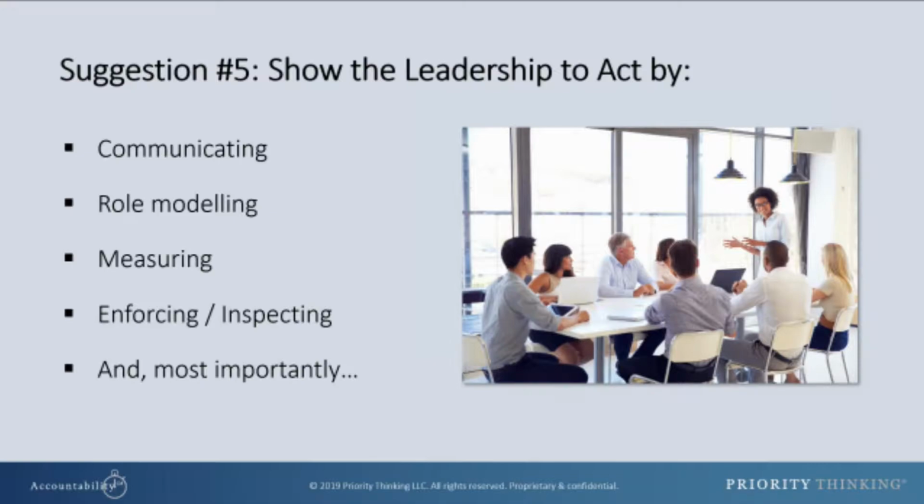Role modeling by far is the best way that leaders can communicate and support accountability in the organization. However, measuring is very important because we move from kind of a subjective to an objective view of what constitutes standards of excellence. So measuring performance is a great way of creating accountability because it's showing people what's important in the organization.